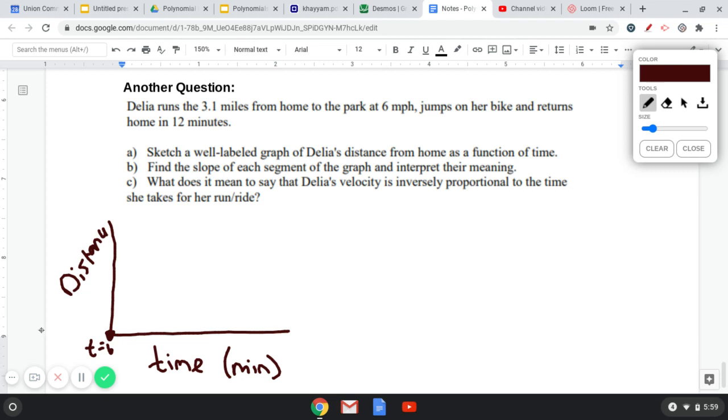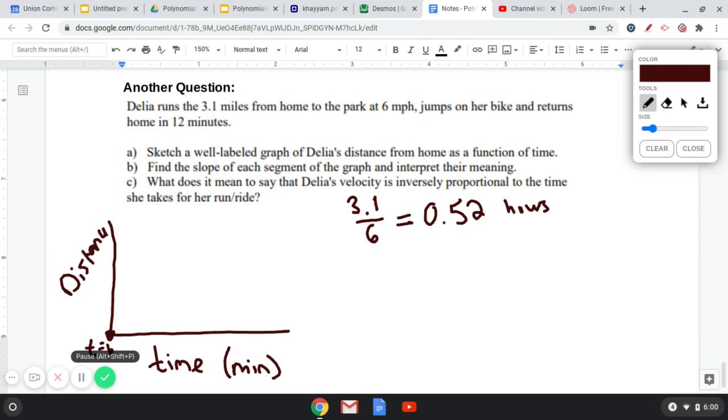Now she's running 3.1 miles from home to the park at 6 miles per hour, which means she runs 3.1 miles at 6 miles per hour. Which means it took her 3.1 miles divided by 6 miles per hour, which is about 0.52 hours.